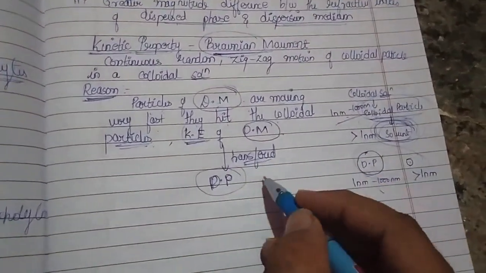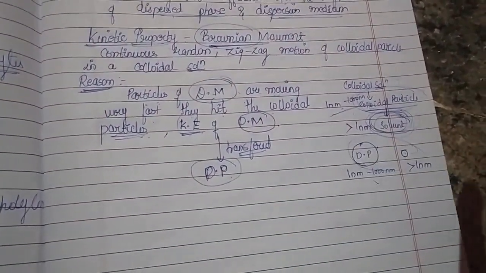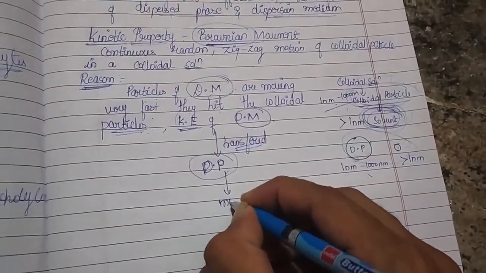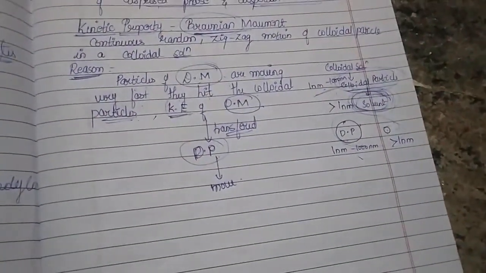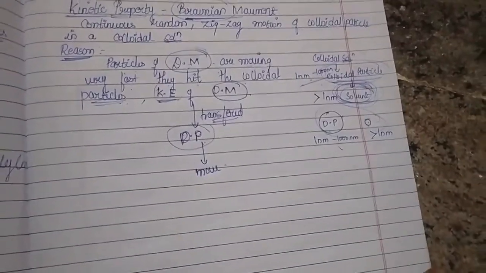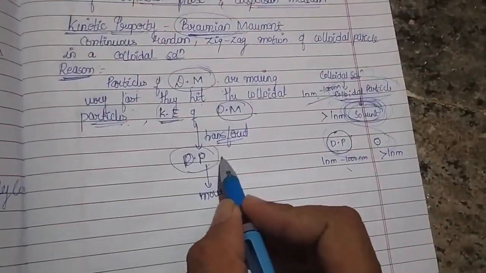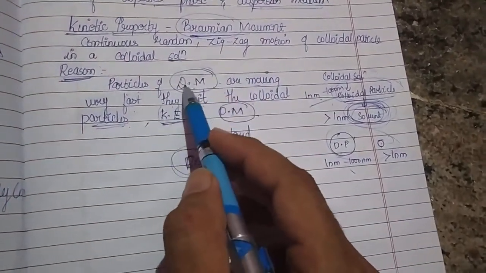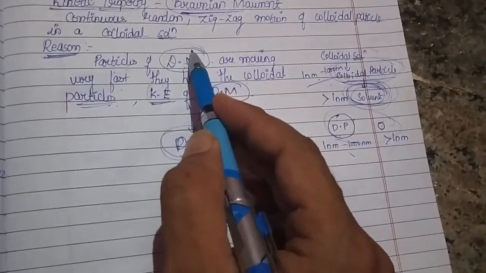Yeah. So when the dispersed phase particles gain the kinetic energy, what happens? They also will move. They will also try to move. But what is the main thing we are going to observe is, whatever the movement of the dispersed phase is, there will be less than that of the movement of your dispersion medium. Why?